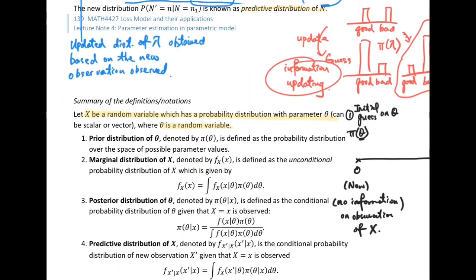This initial guess is what we call the prior distribution.